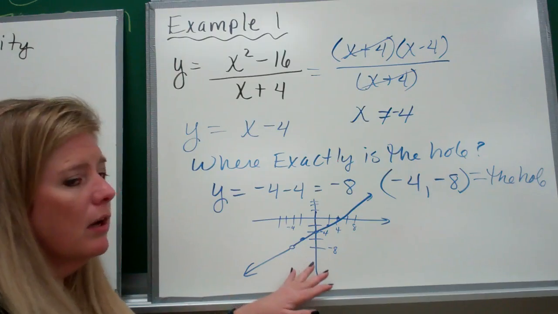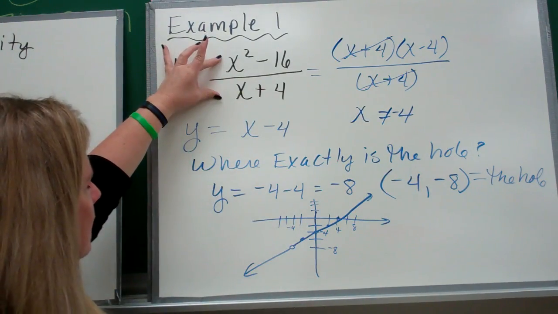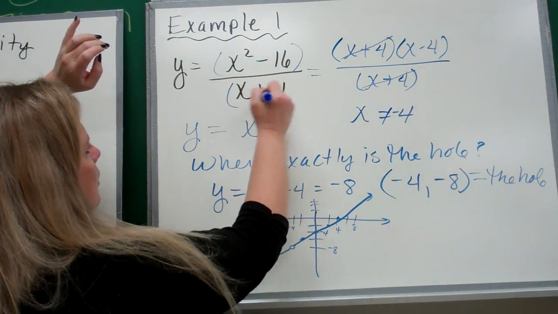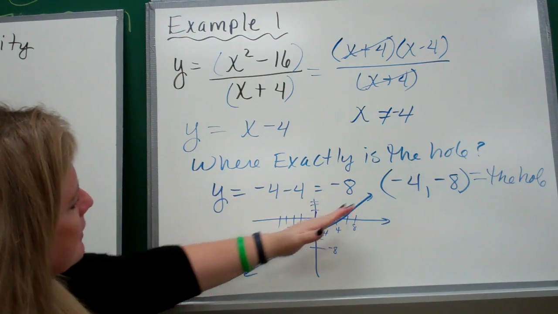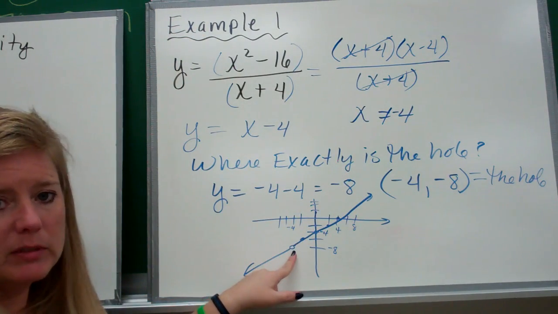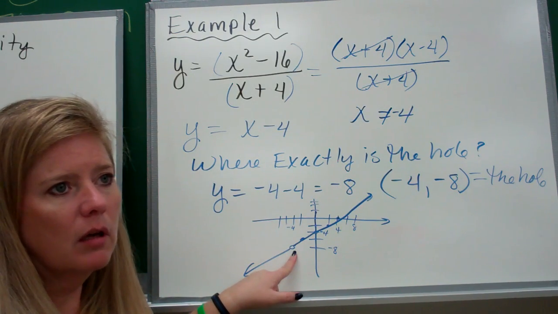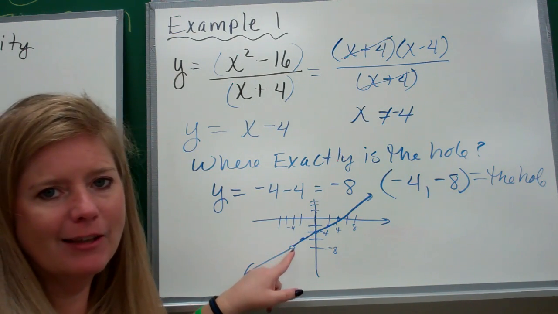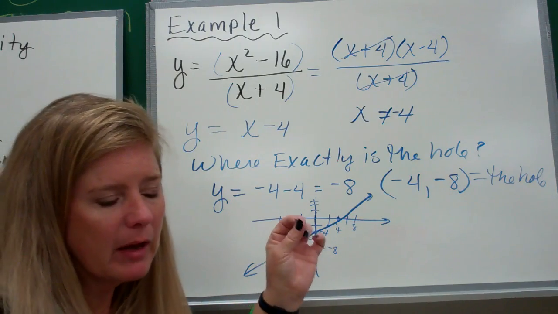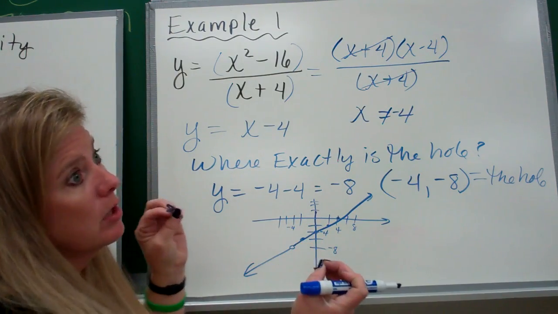If you plug this into your graphing calculator, it will show up as this line, but you won't see an empty space there because we can't get close enough to that little space to make it a blank spot in the graph.